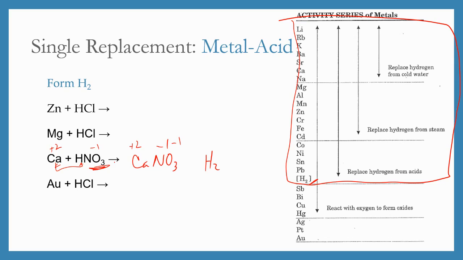We keep the subscript there because it's that polyatomic. And then we need the whole thing twice to neutralize the charge on calcium. And then if we're going to balance, it's probably 2 of these, right? Because we need 2 nitrates and 2 hydrogens. There you go. And then this one, as we said, no reaction because gold is not in that red circle.